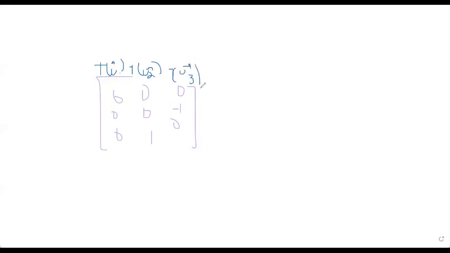And along here, you can write V1, V2, V3. You can verify this if you want, but it's true. If you look at it from this angle, this is V1, this is V2, and this is V3. And from this angle, T of V1, T of V2, T of V3. I'm not going to go through the whole process of checking, but that's a helpful way to look at it, I think.